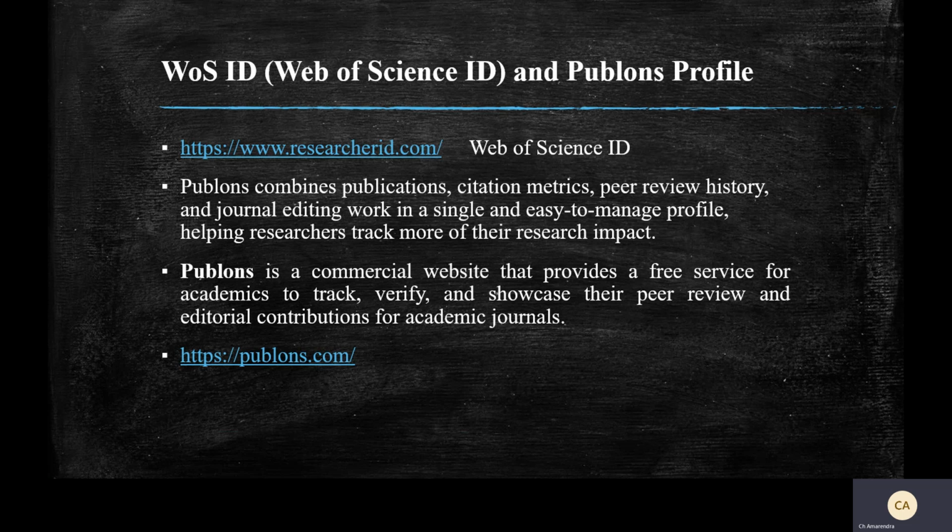Okay, and this Web of Science and Publons are interlinked, and this Web of Science ID will come into the Publons. So Publons combines the publication, citation matrix, peer review history, and journal editing work in a single and easy to manage profile, helping researchers track more of their research impact.